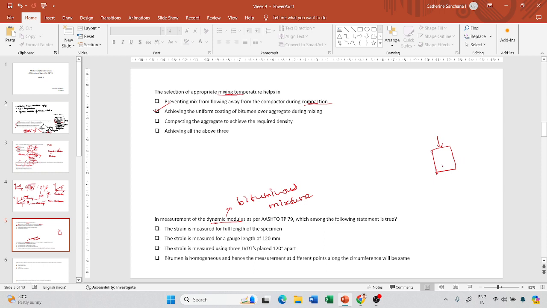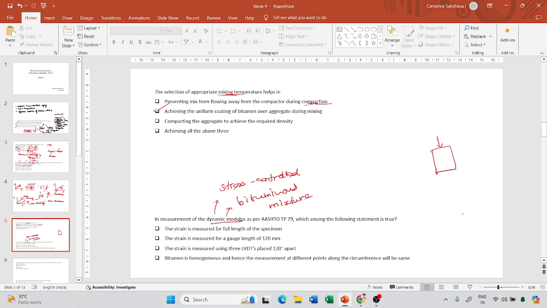For dynamic modulus you do a stress control test. If you are controlling the stress, what will you measure? Your response will be strain. How will you get the strain? You have to measure the deformations, and from that you can calculate the strain.